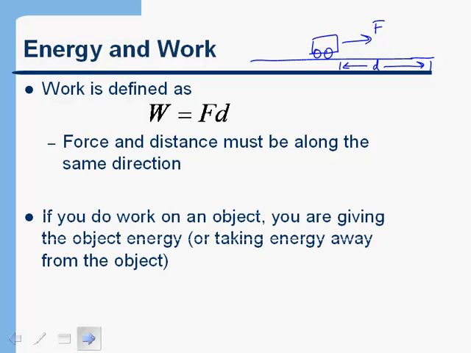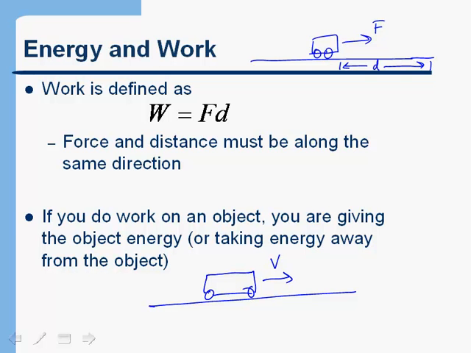And so when you do work on an object, when you exert a force through a distance on an object, you're giving that object energy. In the case of that little toy car, when I give it a push over a certain distance, I'm giving that car kinetic energy. I also mentioned that when you do work on an object, you can be taking energy away from the object. As an example of that, imagine my little car is already moving in that direction and has some velocity.